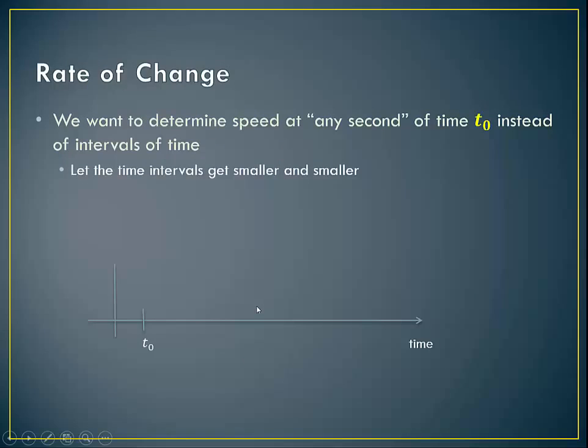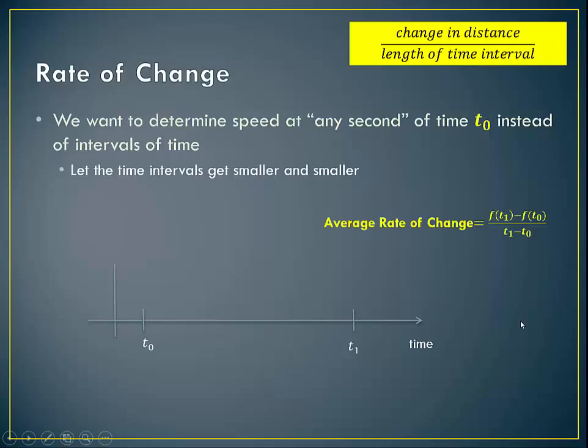Well, if I want to determine the speed at any second, so at time t sub 0, instead of within an interval, if you notice what I was doing, I was letting my intervals get smaller and smaller. I started from 0 to 2, and then I said, how about from 1 to 2? How about from 1 to 1.1? And so I let my intervals get smaller.